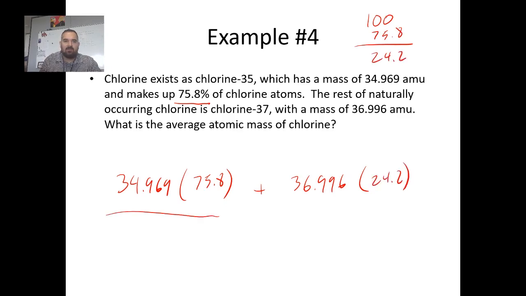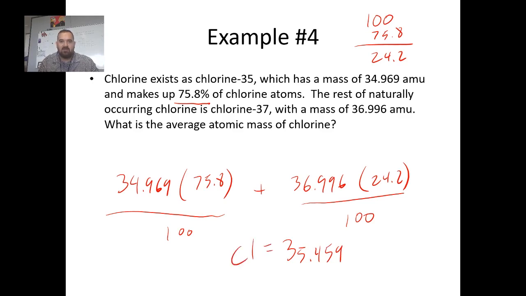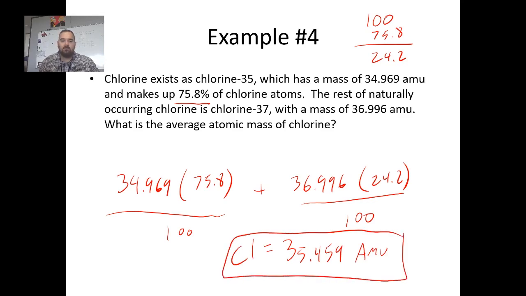And then after you plug these into a calculator, you should get 35.459 or something around here. So chlorine is equal to this in AMU. Let's go ahead and move on to the last problem.